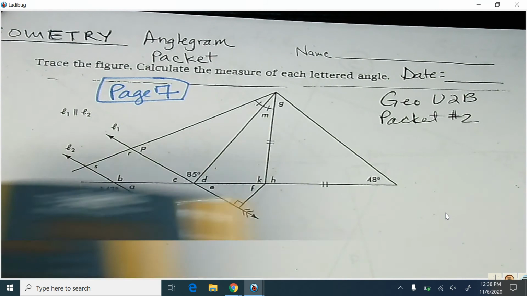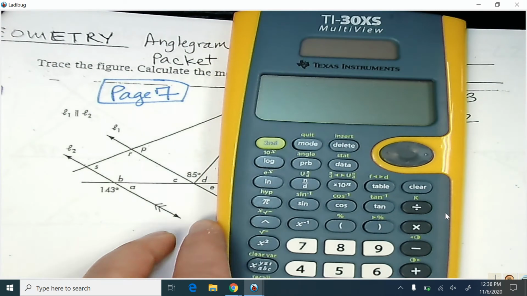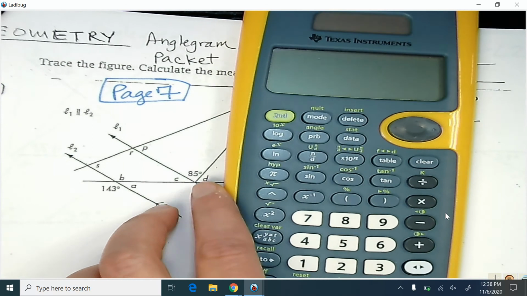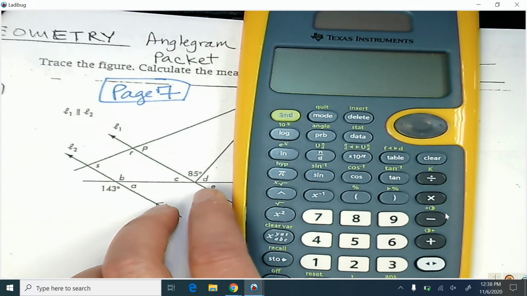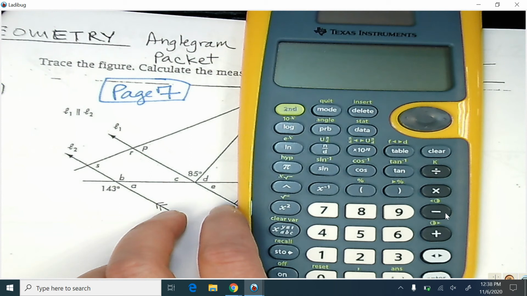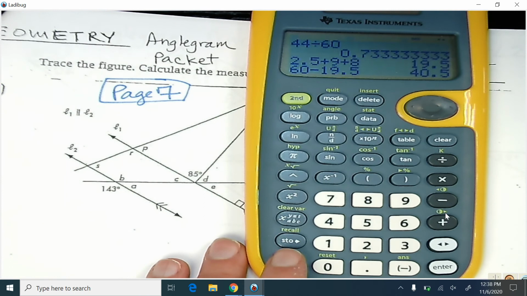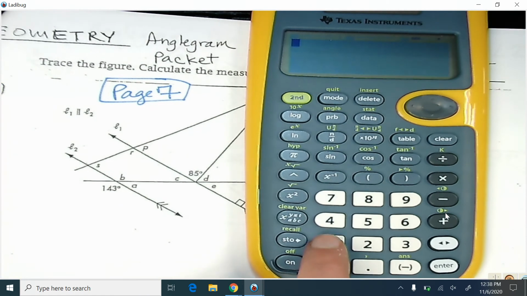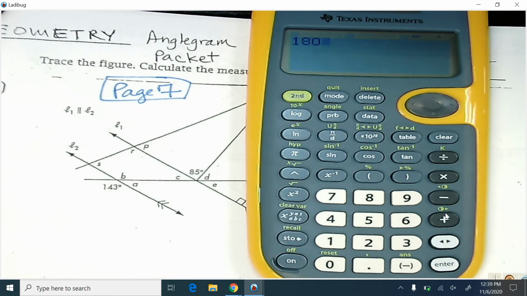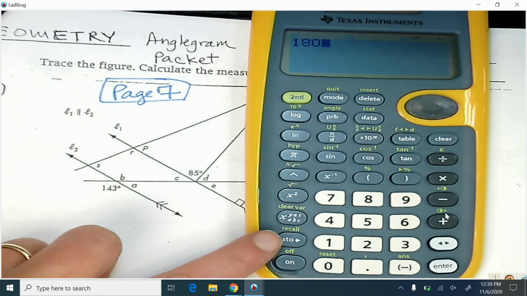I'm going to show you something real quick on your calculator. If you have a calculator like mine, you can store a number in your calculator, and it can be very, very useful. We're going to constantly be subtracting from 180. So I want to store 180 in my calculator. I type in 180, and the storage button is right here to the left of number 1.